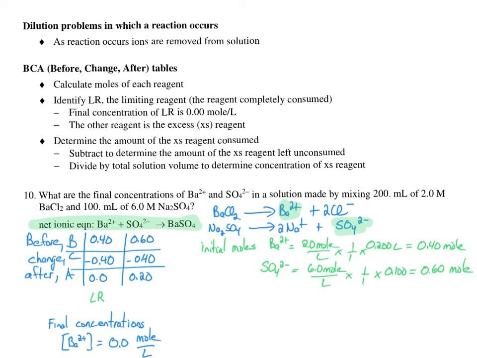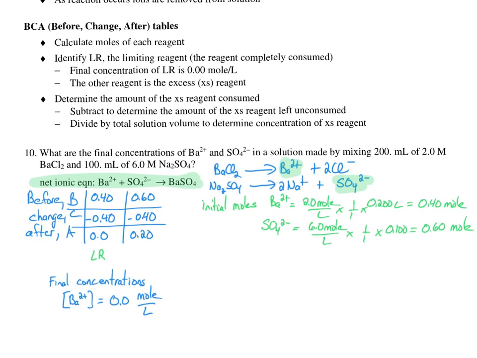All right, let's recap where we are. We're recognizing that as the reaction occurs, the ions are removed from the solution. And we've calculated the moles of each reagent, each ion, and put those values into the BCA table. We identified the limiting reagent, and since this is a 1-to-1 ratio, it's going to be the reagent that has the least number of moles.